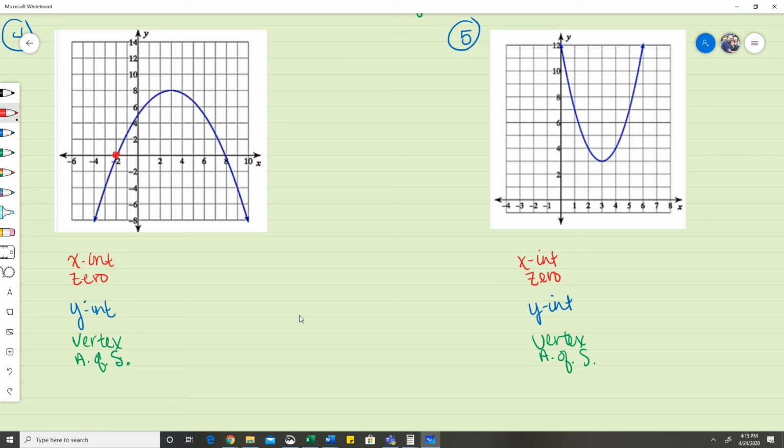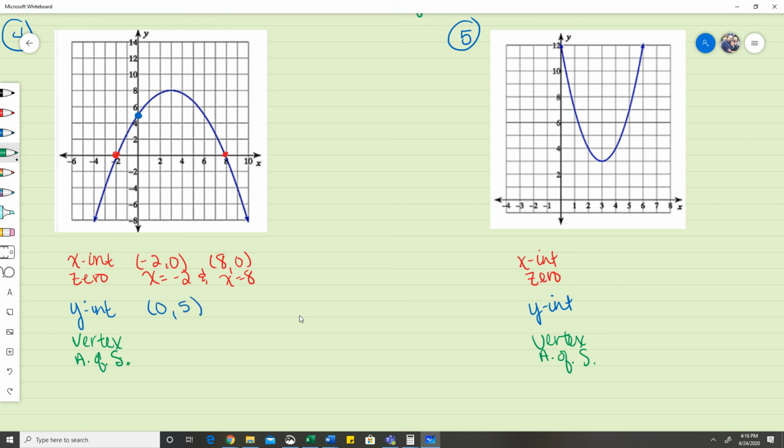We have one here at -2, 0, and one here at 8, 0. So our zeros are x equals -2 and x equals 8. My y-intercept is up here, halfway between the 4 and the 6. So my y-intercept is at 0, 5.